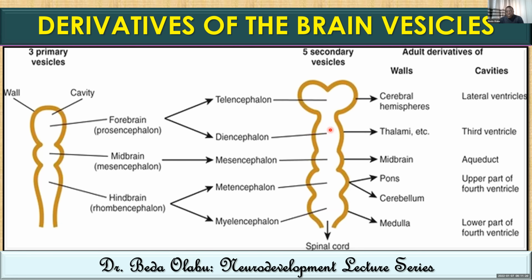That's true. But there are other things that may also come from diencephalon. For example, the floor of the diencephalon is the one that will give us the downgrowth that forms the posterior pituitary gland. So the floor of the diencephalon gives rise to the posterior pituitary gland, what we call neurohypophysis.